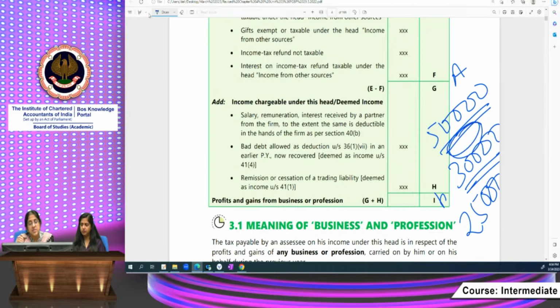What is the amount which was not written off? 20,000. If I receive up to this much, there's no requirement of any tax treatment because I had not written it off in the first place. But any amount over and above 20,000 which I receive has to be my income. So 25,000 minus 20,000, that is 5,000, will be my income in such a case. I hope this is clear to you.